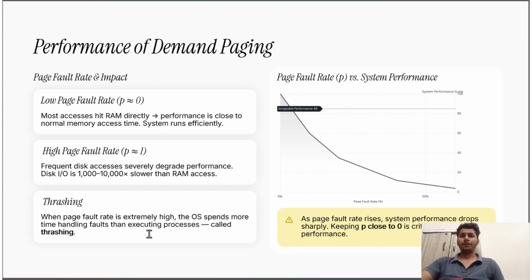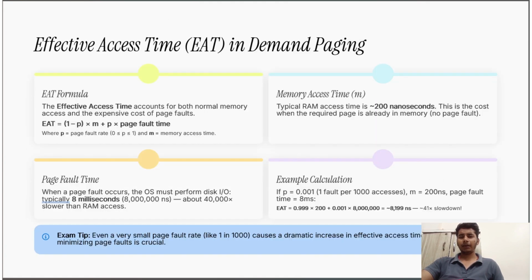Effective access time, EAT. EAT accounts for both the normal memory access and the expensive cost of a page fault. It is equal to (1 minus P) times M plus P times page fault time, where M is the memory access time and P is the page fault rate.